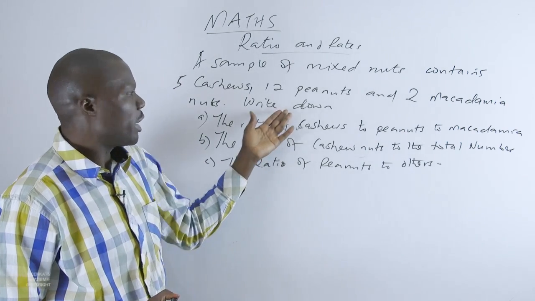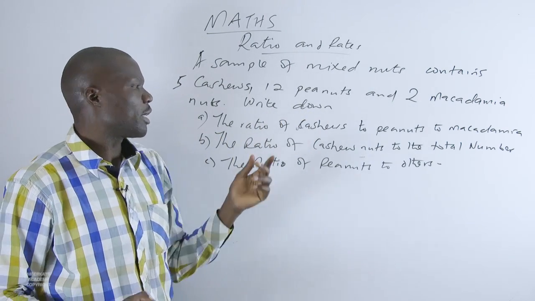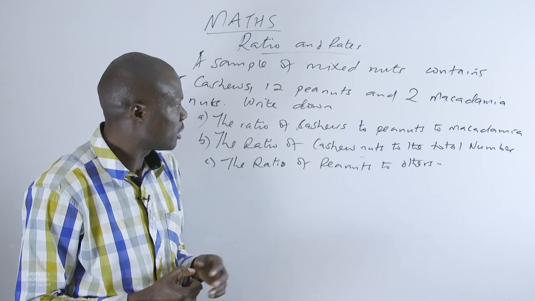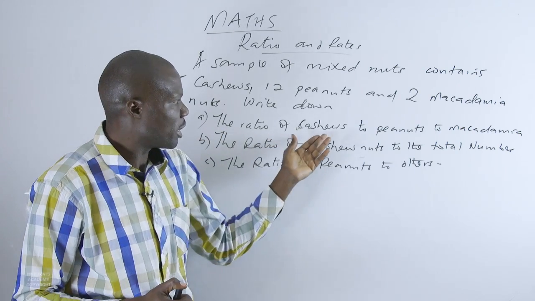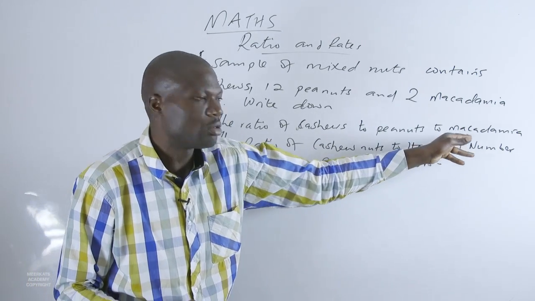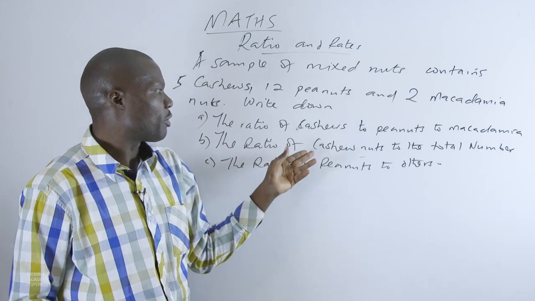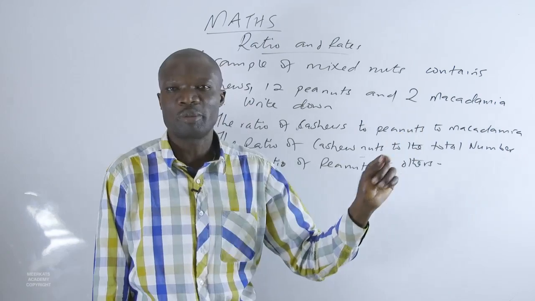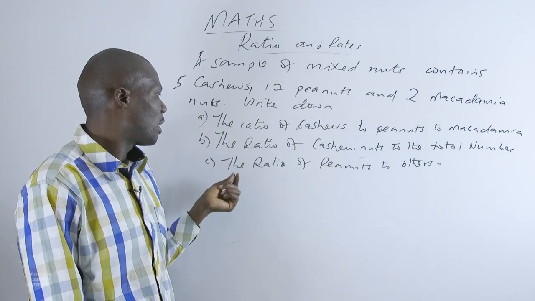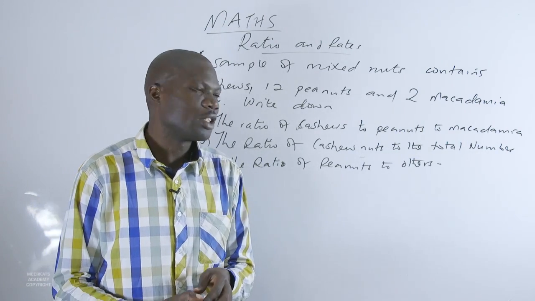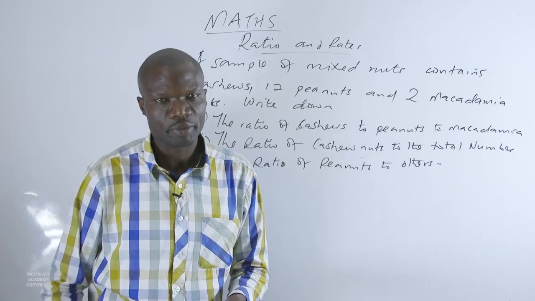Write down the ratio of cashew to peanuts to macadamia. Two, the ratio of cashew nuts to the total number. And finally, the ratio of peanuts to others.